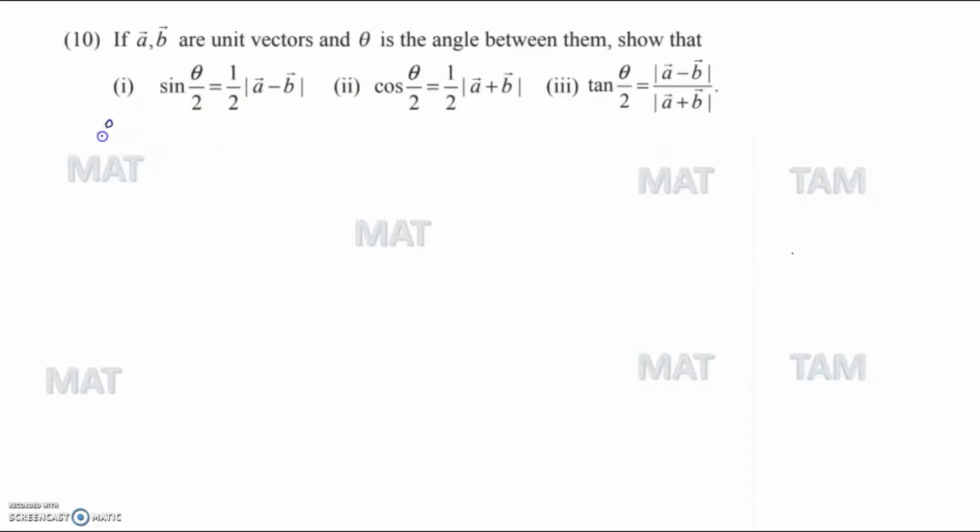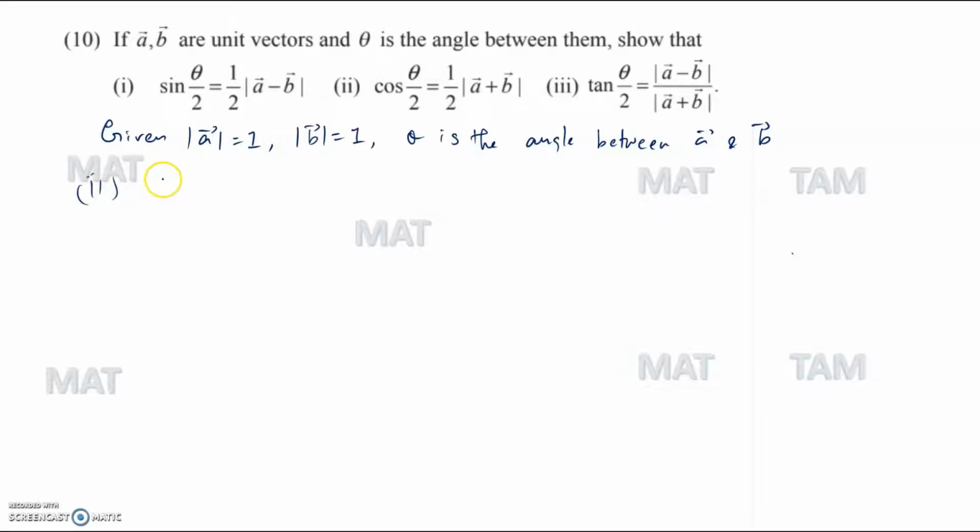So again, given magnitude of A is equal to 1 and magnitude of B is equal to 1 and theta is the angle between vector A and vector B. Let's take the magnitude of A plus B vector, and let's square it.